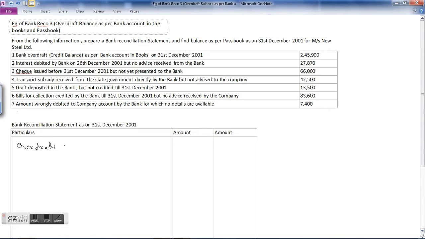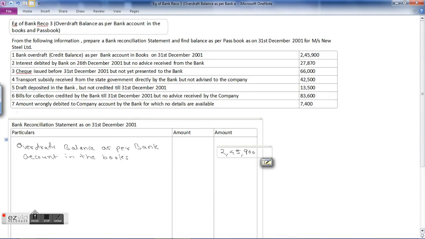Overdraft balance as per bank account in the books. How much is that? 2,45,900. Now we'll see each and every transaction one by one.